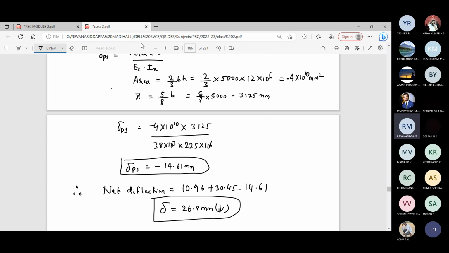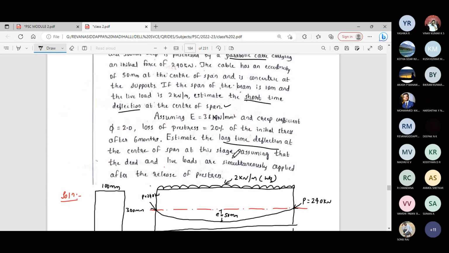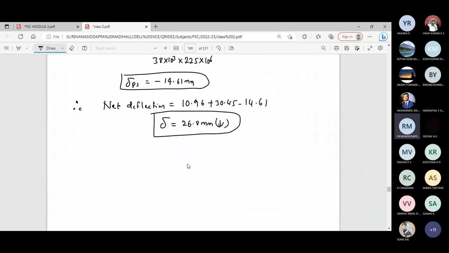Next, what we have to calculate? There is one more question in this problem, to calculate the long-term deflection. The necessary data for calculating the long-term deflection is given in the problem. Second one, long-term deflection.